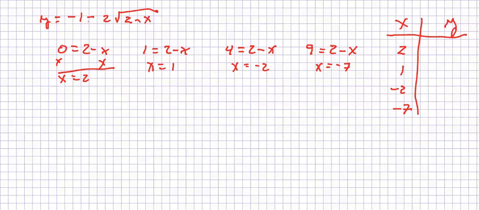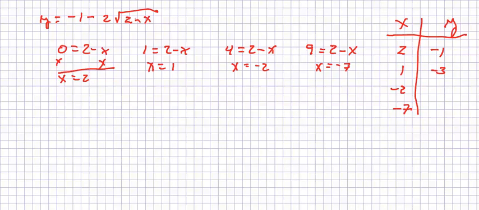Now, when I put in 2, I get 0. Square root of 0 is 0. So I end up with negative 1. If I put in 1, I get 1. Times 2 is 2. Negative 1 minus 2, I get negative 3.